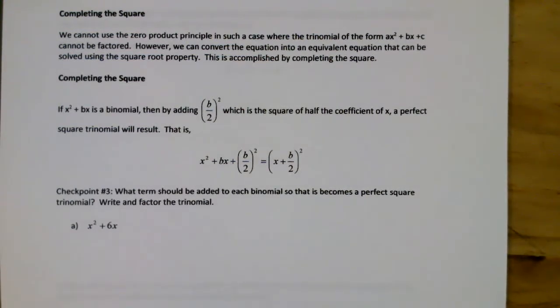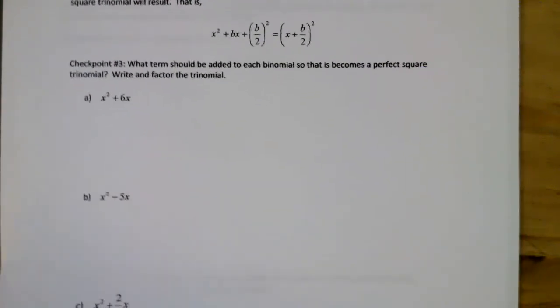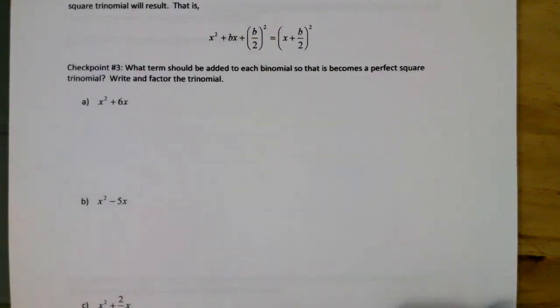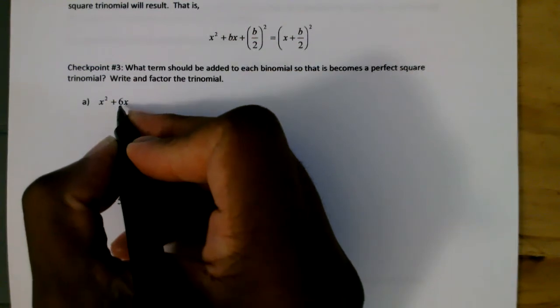So here you're going to write and factor the trinomial, in this case starting with x squared plus 6x. The b is going to be the coefficient of your x term, which in this case is 6.